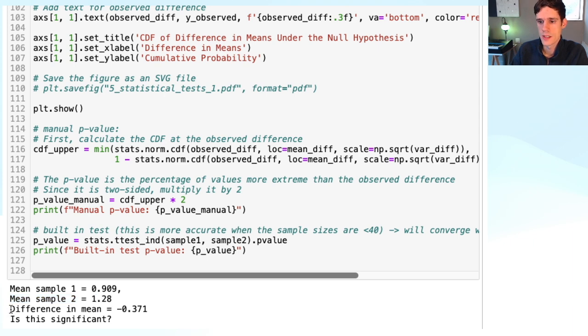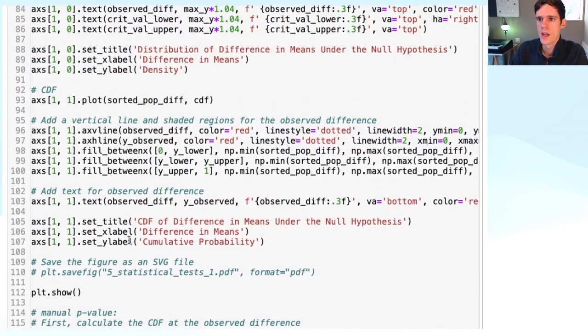And then the resulting difference in means between these two samples is minus 0.371. Now this is in line with the difference in the population means, which we set to be 0.3. So then the question of course is, is this result from our sample statistics significant or not? And that is what we will do.